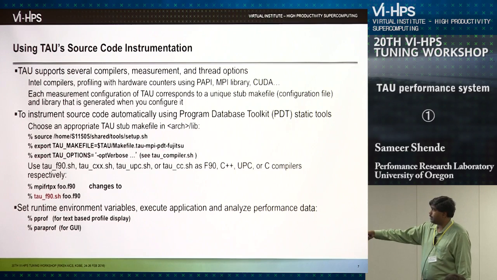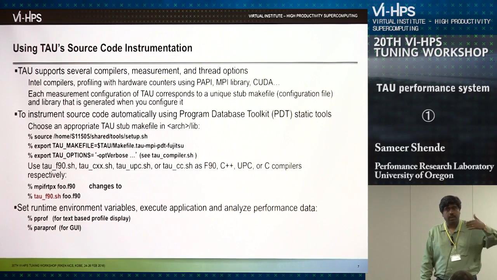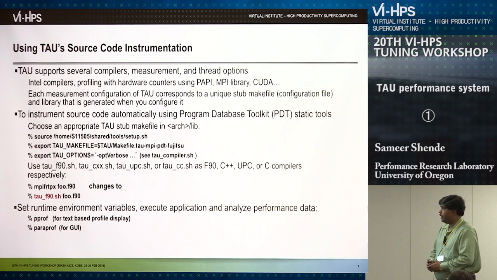And the name here suggests what it can do, such as it can track MPI data, it can do source-to-source instrumentation by parsing the code, adding hooks to a copy of your source code, and creating the object file. And then you can change the name of your compiler from mpif90 to tau_f90.sh. You can compile the code, you run it, then you can use pprof or paraprof for the GUI and analyze the data.